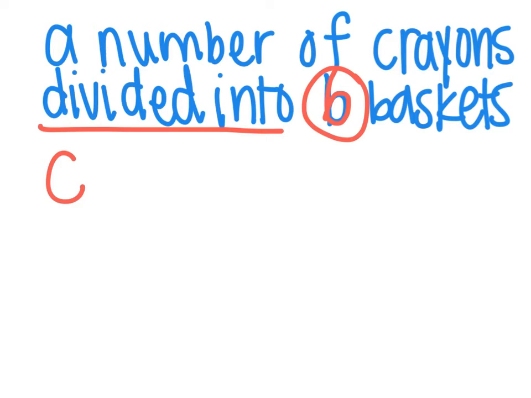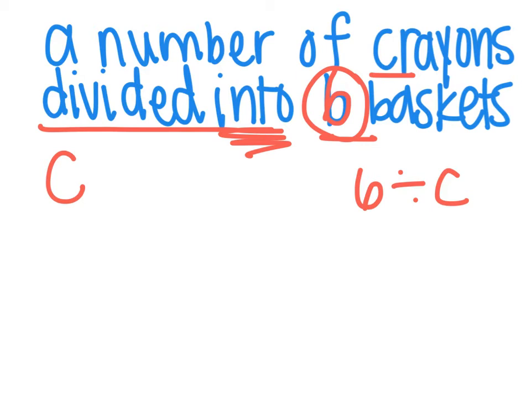Now what's tricky about this is normally when we have the phrase divided into, we talked in 8-1 that the order of the number and the variable switches. So first we see C, crayons, and then 6. Normally that would mean with divided into, we would switch 6 and C and have it like this. But we need to go back and think.